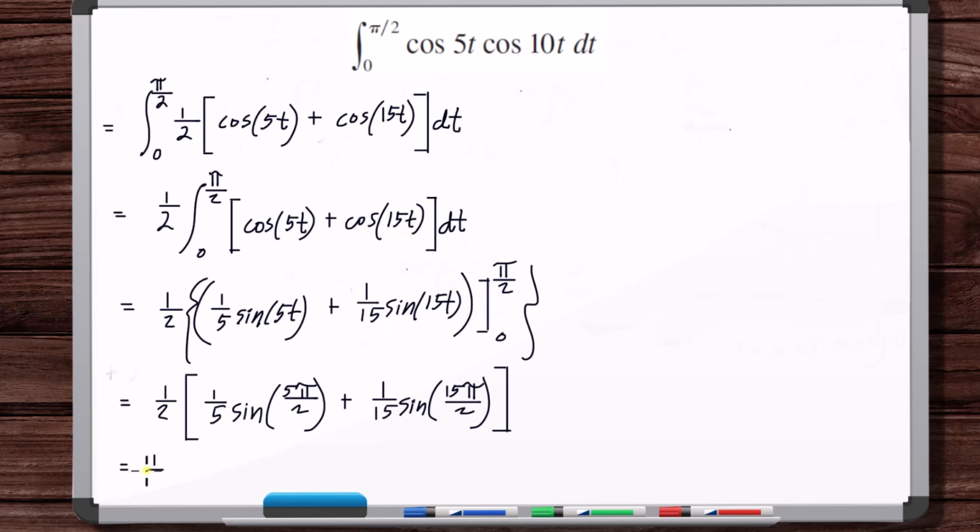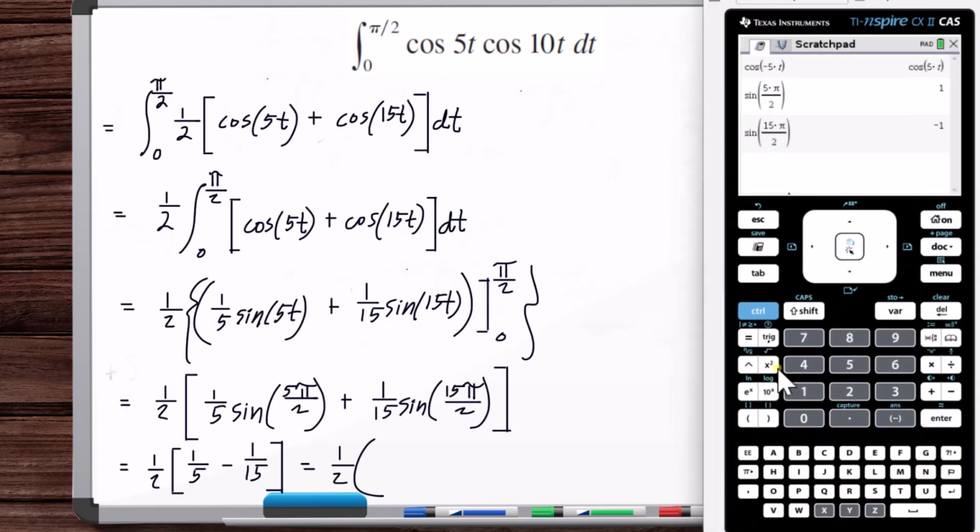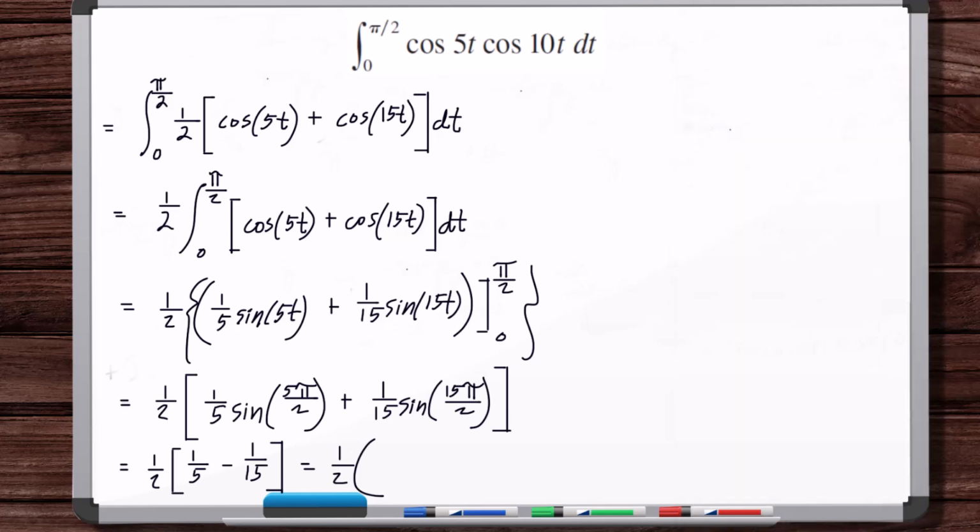So 1/5 minus 1/15 is, well, we can do this. So that's going to be 3/15 minus 1/15, which is 2/15.